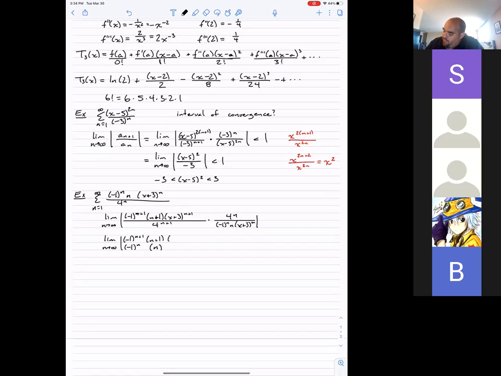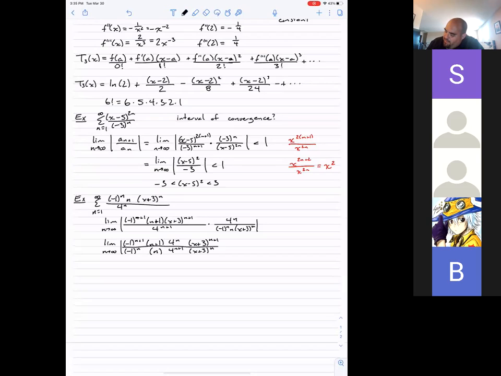Then we have x plus, actually, I'm going to leave the x for the far right. So then we'll have 4 to the n over 4 to the n plus 1. And then finally, x plus 3 to the n plus 1 over x plus 3 to the n. So yeah, if it helps you organize it better, then absolutely, it's a good move. So from here, what cancels?